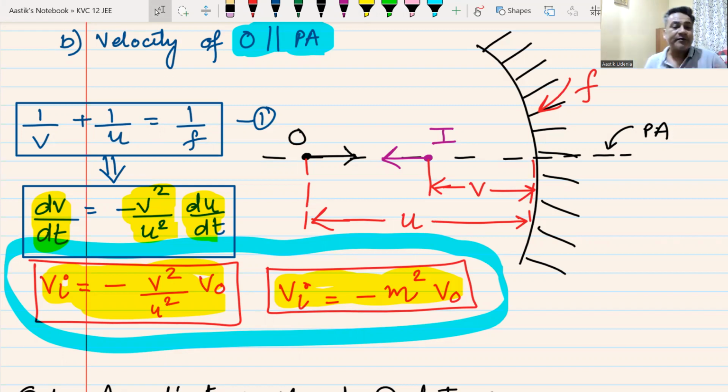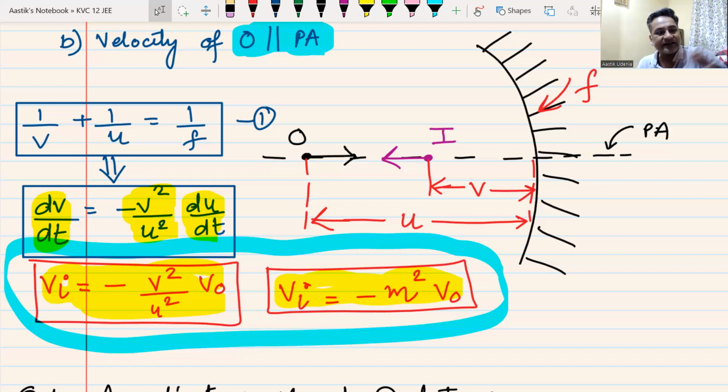An object and a concave mirror of focal length 10 centimeter move along the principal axis of the mirror with constant speeds. The object moves with speed v0, 15 meter per second towards the mirror with respect to the laboratory frame. Laboratory frame means ground frame. The distance between the object and the mirror at a given point is given by u. U is 30.